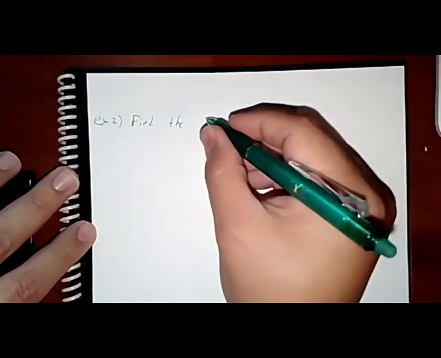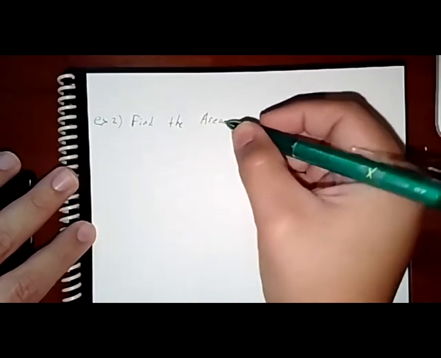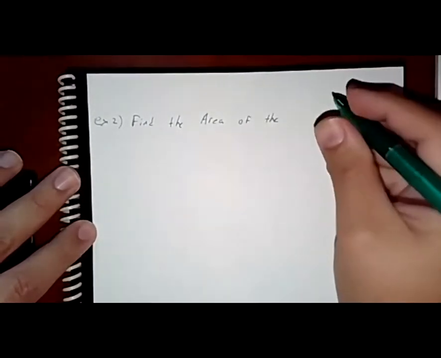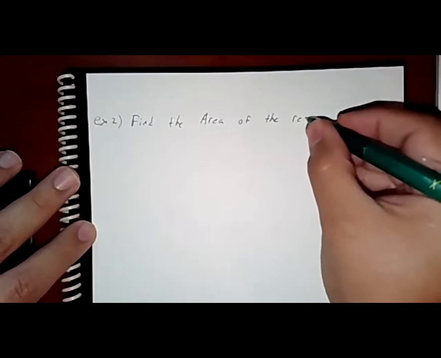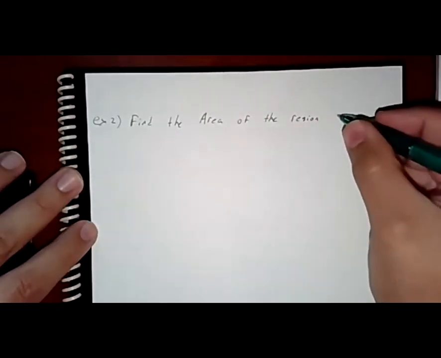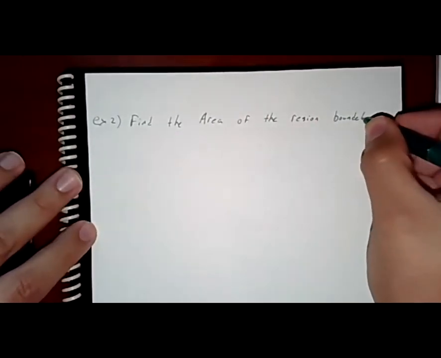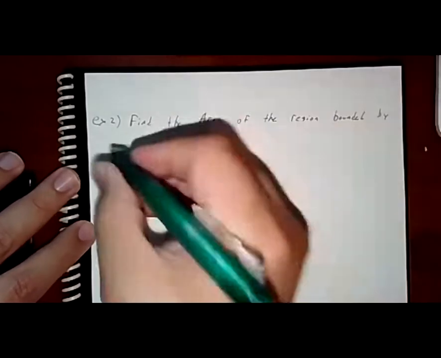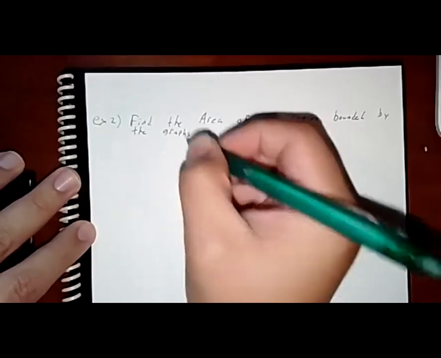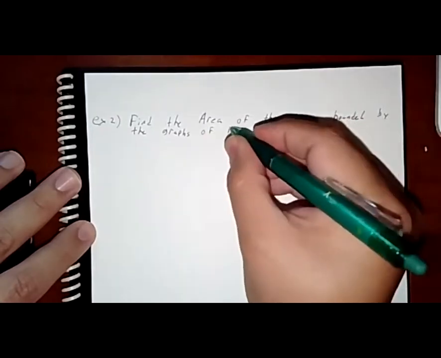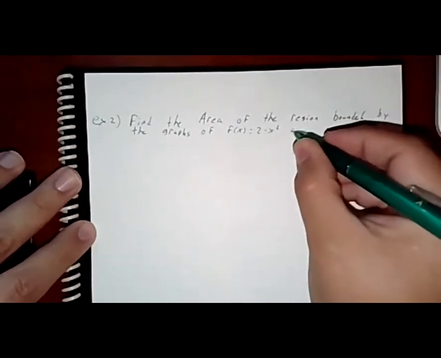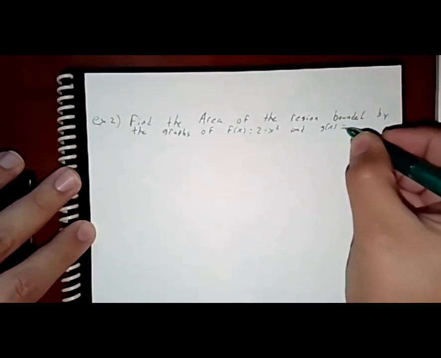Find the area of the region bounded by the graphs of f of x equal to 2 minus x squared and g of x equal to x.